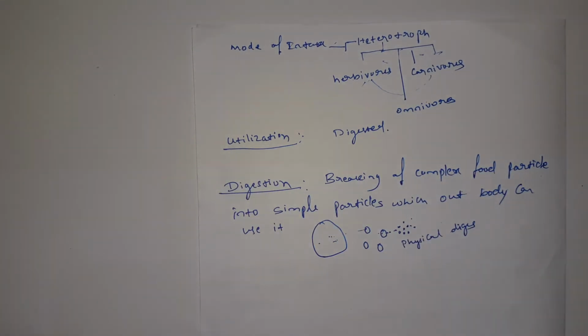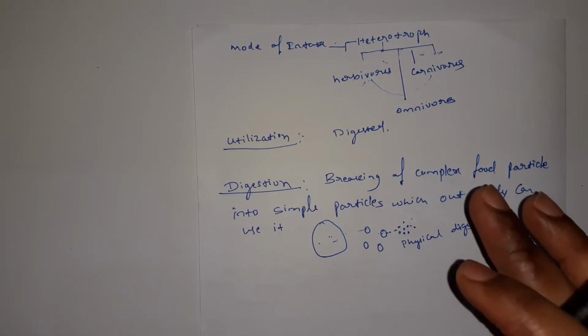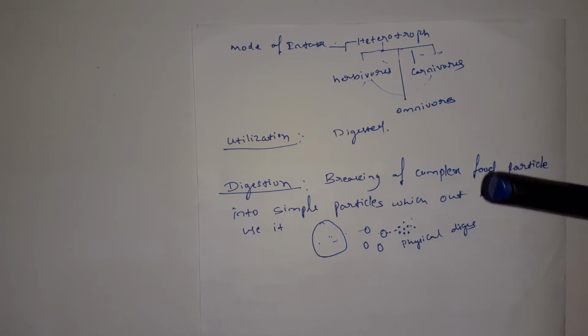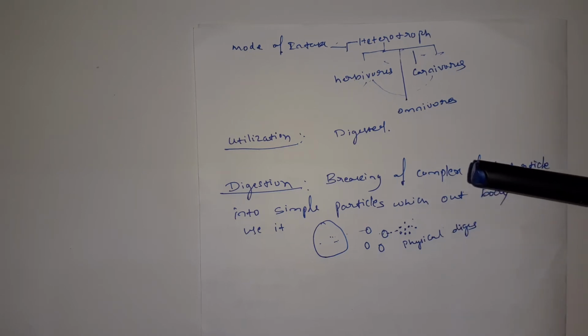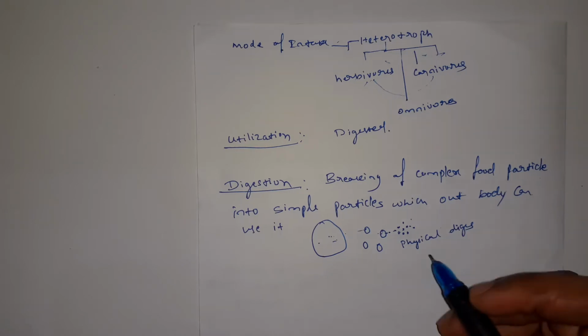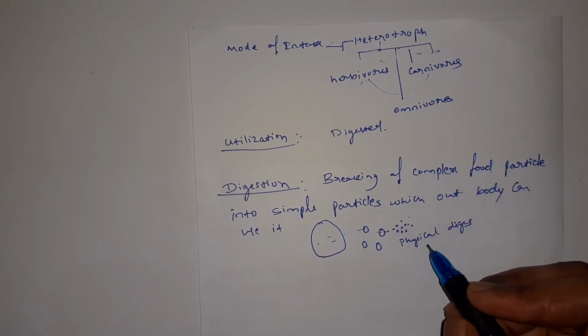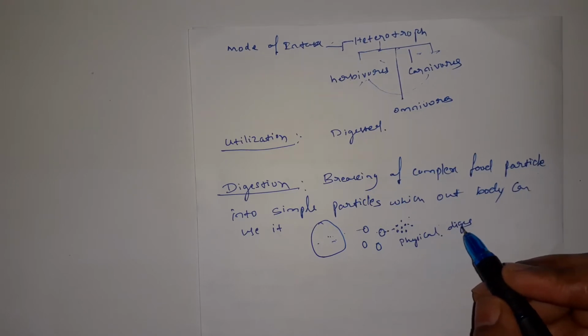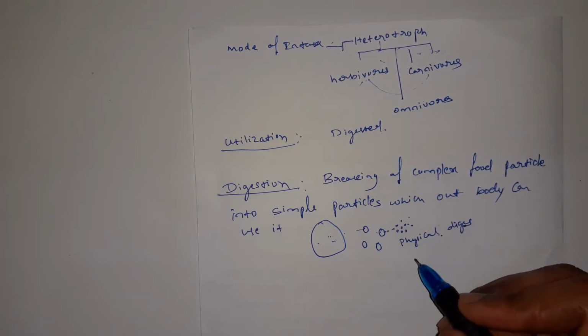Once you consume it, many processes will take place. The stomach releases acid. We will study all those things in upcoming videos. Inside our stomach and inside our intestine, many chemicals will be released. There are many glands which produce different juices. There, chemical breakdown takes place. The earlier one is a physical breakdown, therefore it is physical digestion.